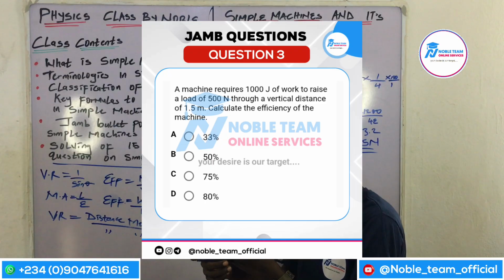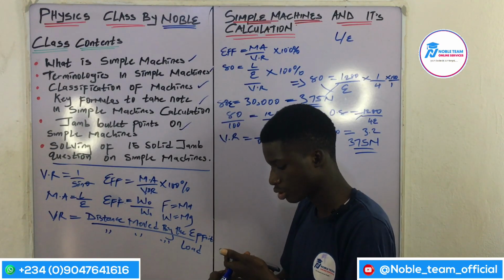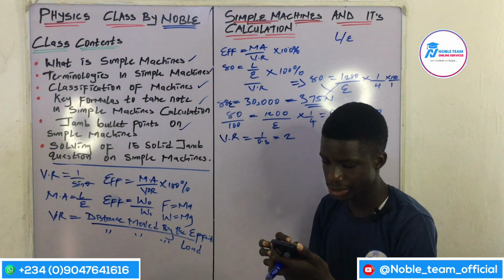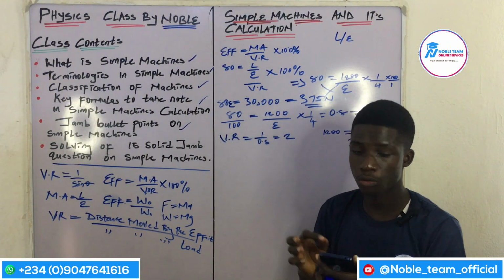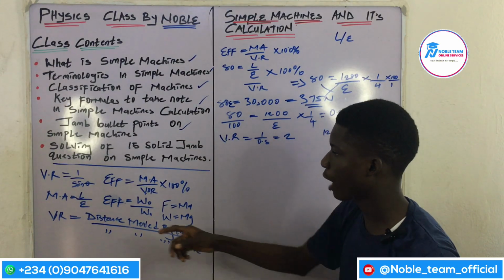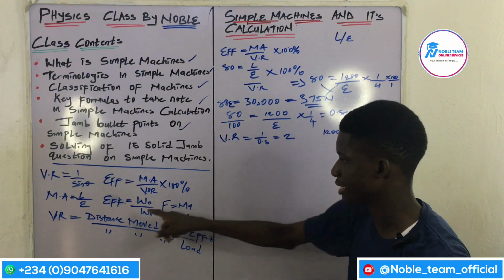Coming to this question, we have our load to be 500 newton, but we need to get our effort first, because we have 1000 joules and also we have distance. That is why I said work output divided by work input. Yes, this formula.